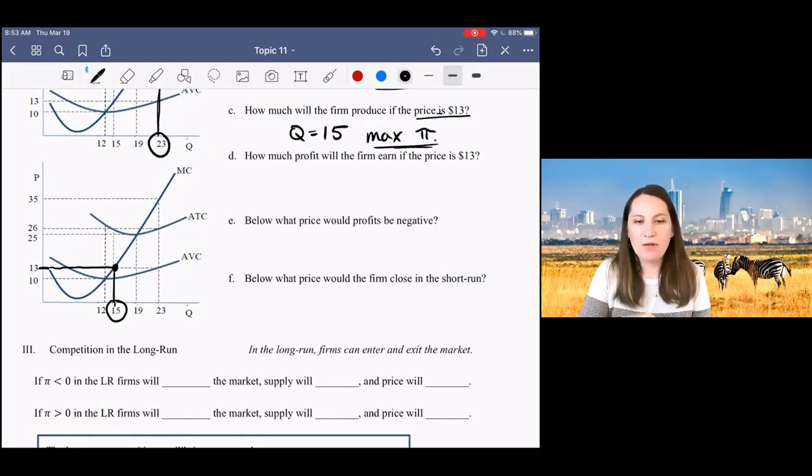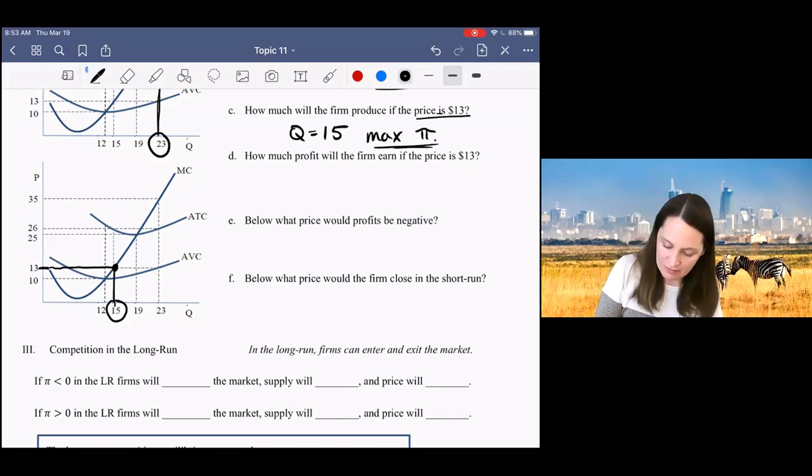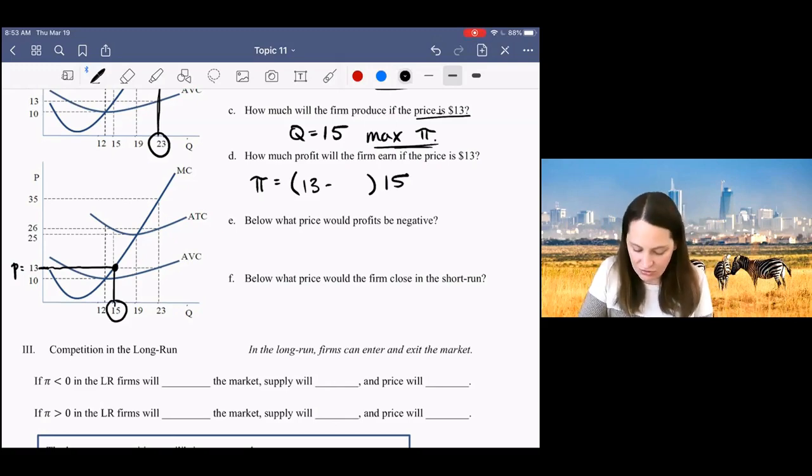So how much profit will they earn at a price of 13? Well, again, we're going to do price minus average total cost times quantity. All we've got to do to fill this equation in is to find our average total cost. Remember, we want to come up from a quantity of 15 to the average total cost curve.